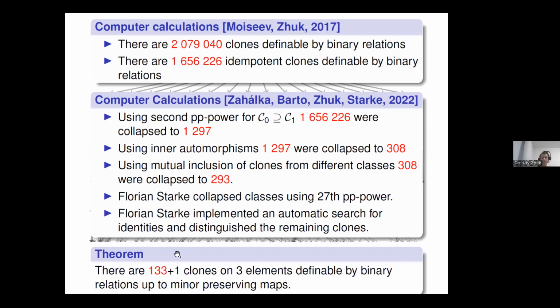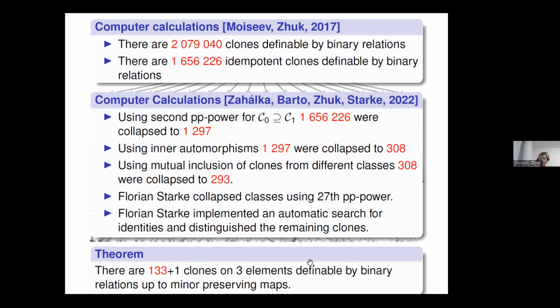And as a result, we obtained 133 different clones defined by binary relations up to minor preserving maps, and this +1 is just the clone of all operations, or the clone containing constants. Because here we considered only idempotent clones, and we have only one non-idempotent. Okay, so we have exactly 134 clones modulo minors.